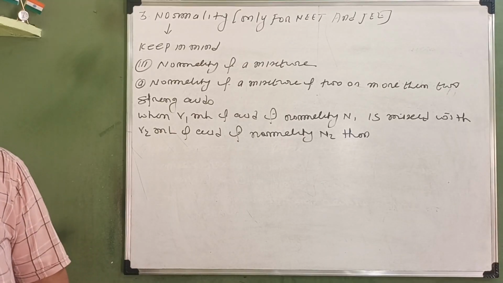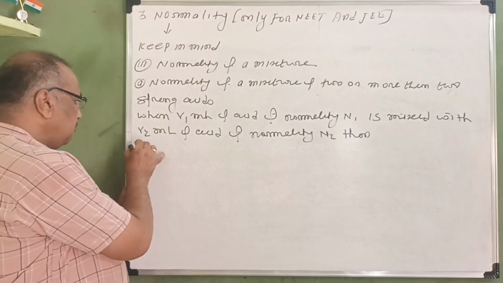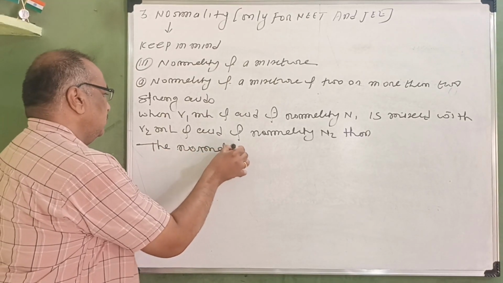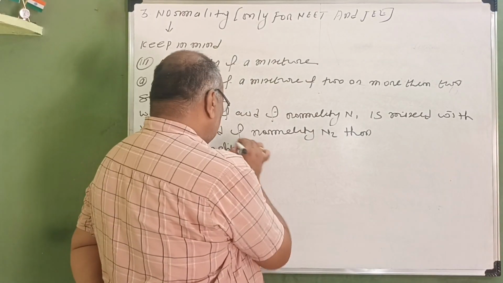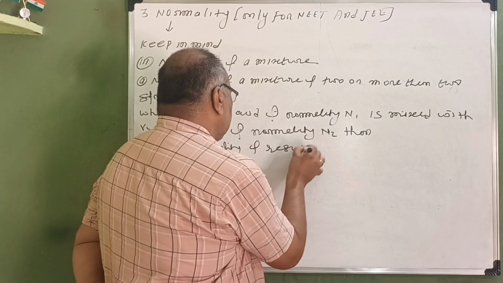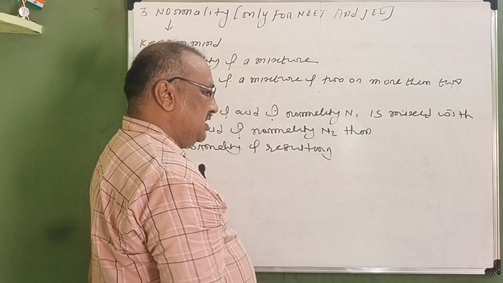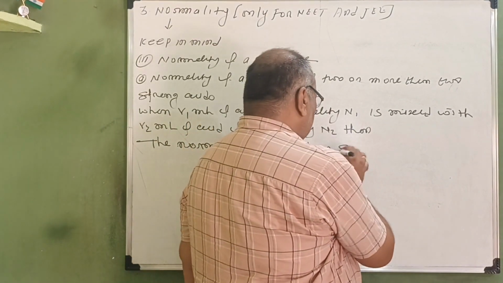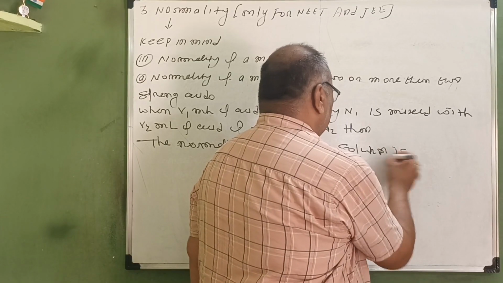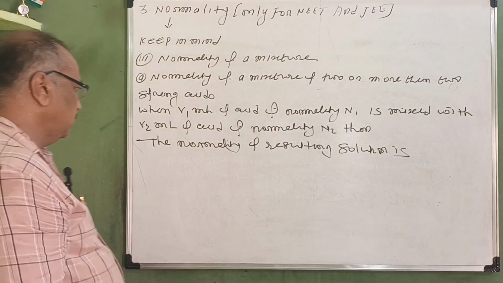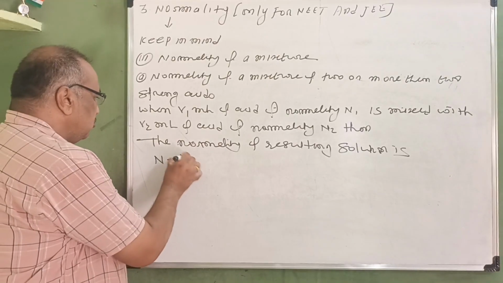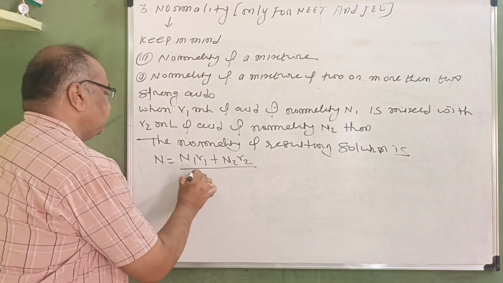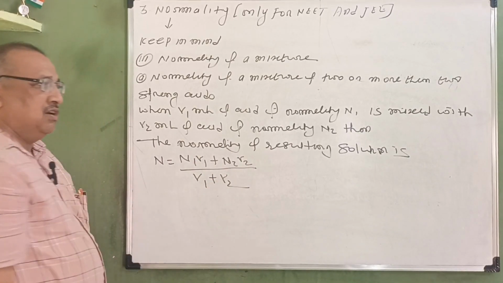then the normality of the resulting solution, resulting mixture, is capital N equal to N1 V1 plus N2 V2 upon V1 plus V2.